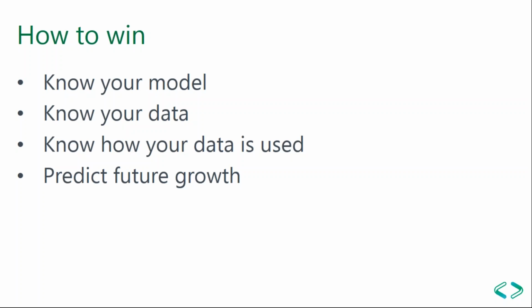How will this data be used? Which queries will your application put against your database? And one of the important things is to predict the business requirements, the business needs, what will be in the future.